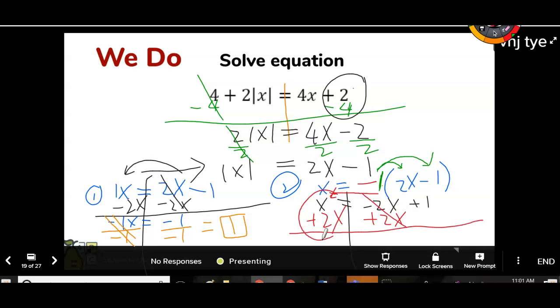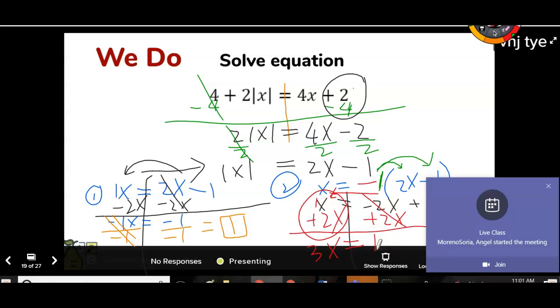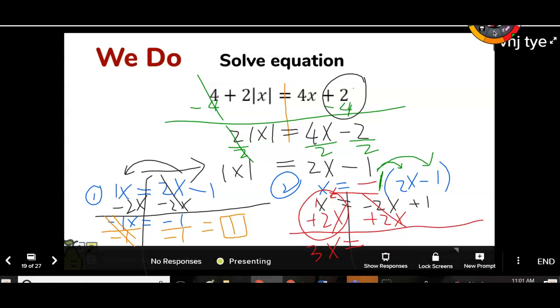And on the other side, combine like terms. 1x plus 2x is 3x equals 1. Finally, divide by 3. So you have x equals 1/3, and that's it.